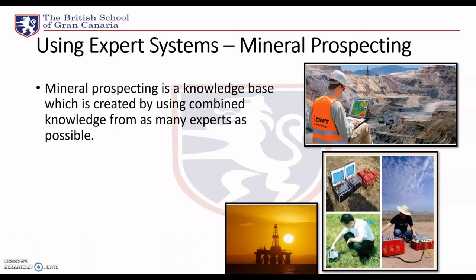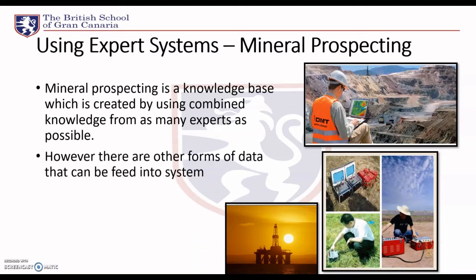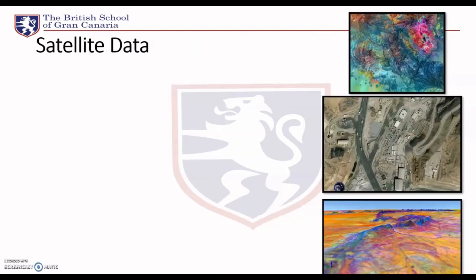These experts would have dug into these types of ground, and they have the knowledge and experience to know whether the minerals are there or not. But there are other forms of data that can be fed into the system. These systems help find different types of minerals, like oil and gas.